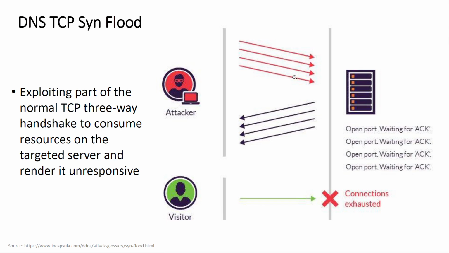The server opens a port for this and sends the acknowledgment, but the attacker doesn't reply back. This way you're consuming a lot of resources on the targeted server. So whenever a visitor wants to go to this DNS server and ask for an IP address for a domain, since the server is overwhelmed, it cannot reply back to the legitimate users.